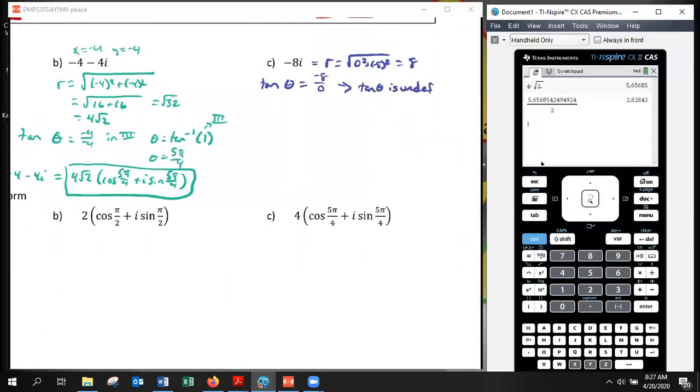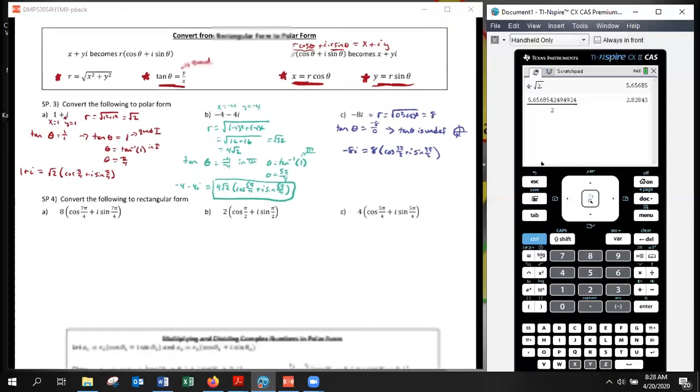Now, where it's undefined, that's kind of why we need to be able to say, oh, that angle's down here. Tangent is undefined at either pi over 2 on the quadrantal or 3 pi over 2. We have to say 3 pi over 2. So -8i in its polar form is going to equal 8 cosine of 3 pi over 2 plus i sine 3 pi over 2.